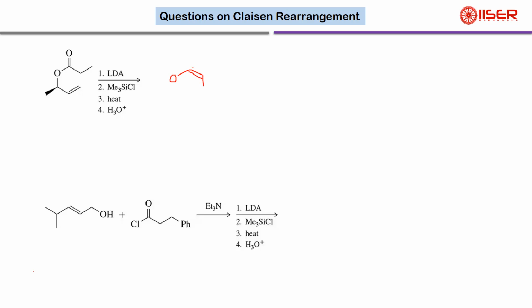As silicon has higher atomic number than that of carbon, this center will be more prioritized, so it is an E-enolate. Okay, so this is by using these two.